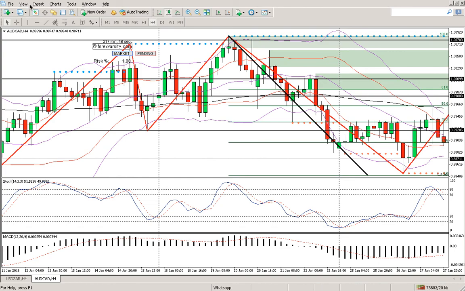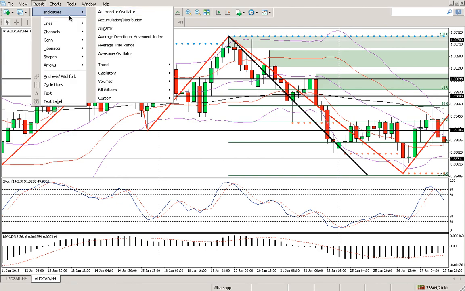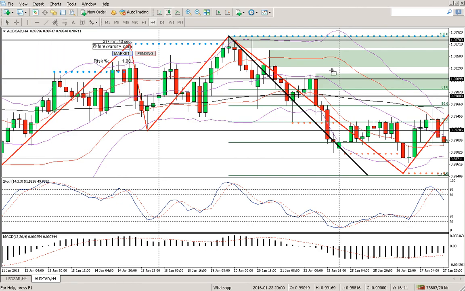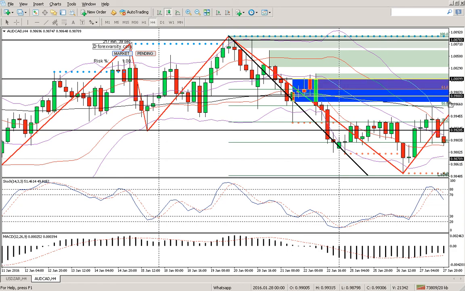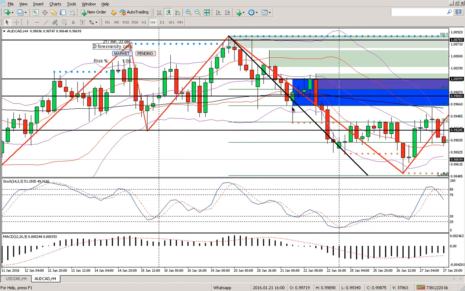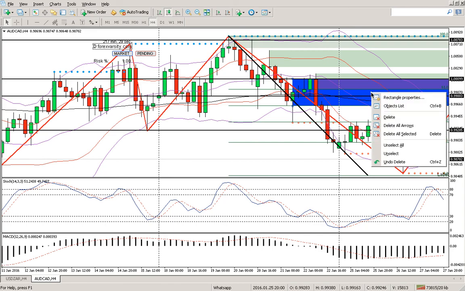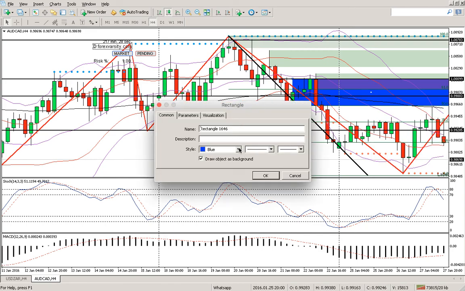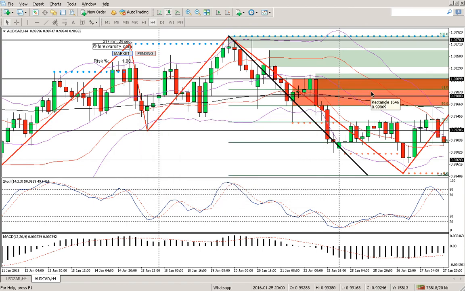So I would therefore draw my zone from this point. I'm just showing you because I don't want to confuse you guys, but this is the area at which you would generally draw your zone.